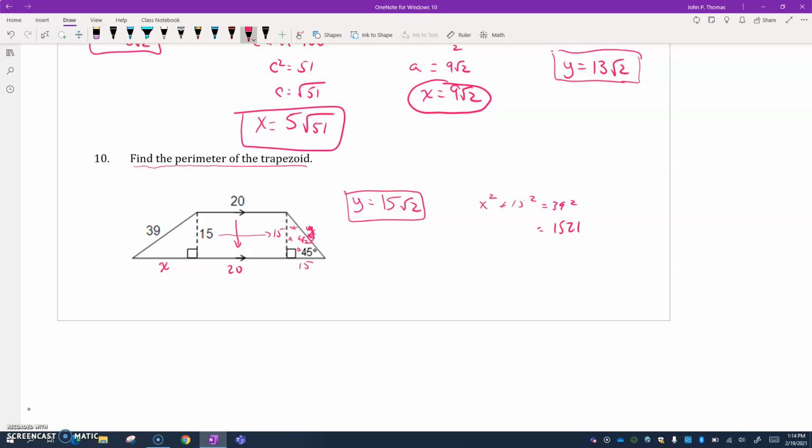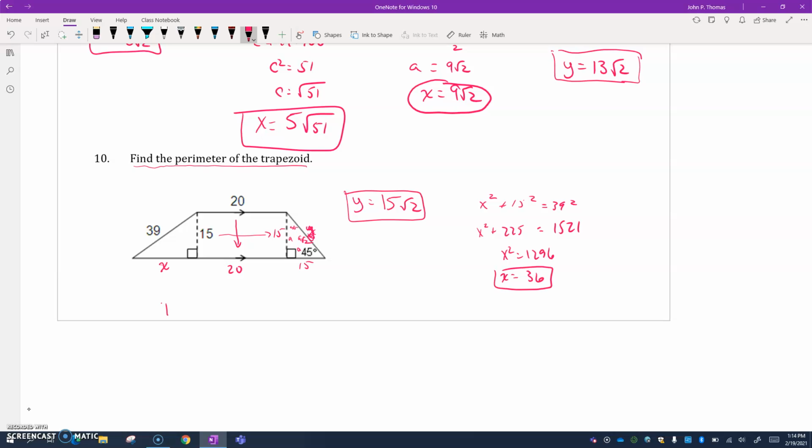I've got 15 squared, which is 225. So I'm going to subtract 225 from the 1521, and I get 1296. Now I'm going to take the square root just out of the hope that that simplifies. And it sure does. It gives me 36. So my x value here is 36.